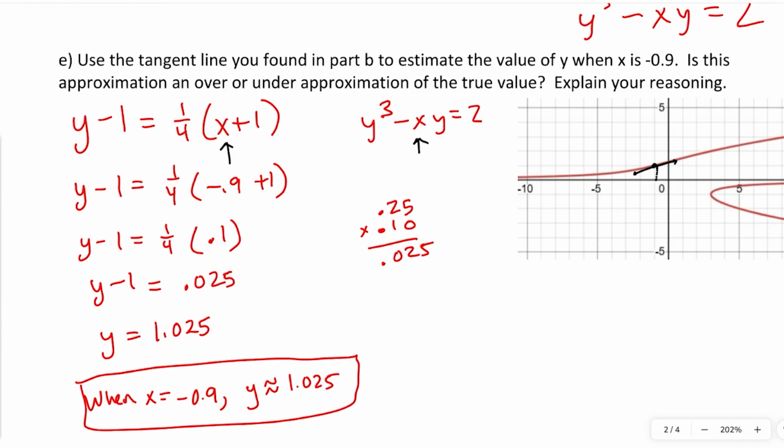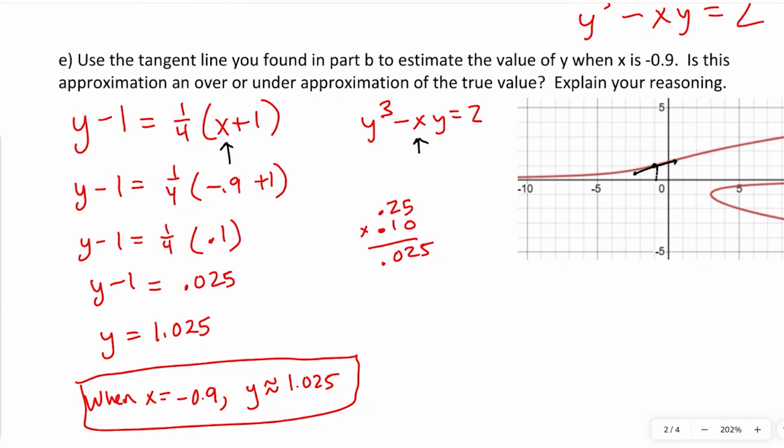Okay, but we're not done yet. Because this is going to be the question you're going to see on the AP test. Not exactly what we just saw, but the following question, which is you need to determine whether or not this estimate is an overestimate or an underestimate. In other words, is this value above the curve or below the curve?